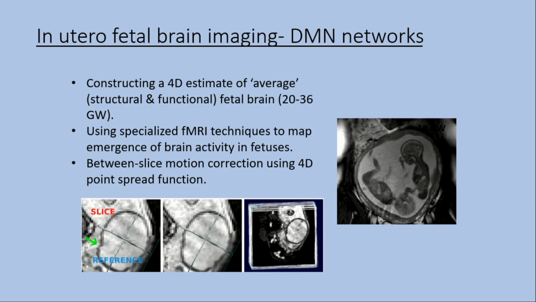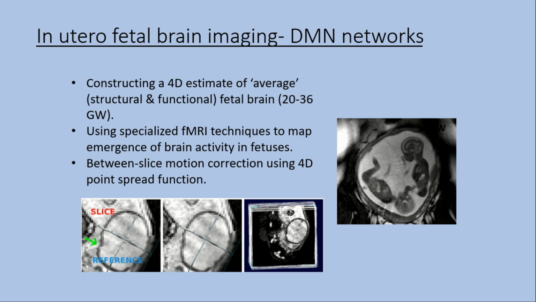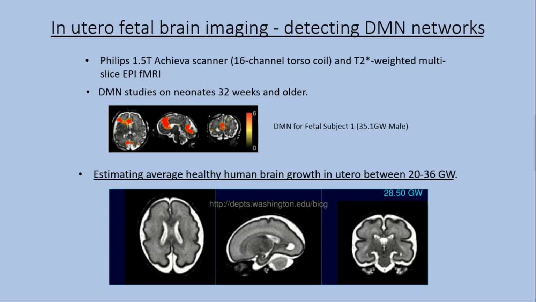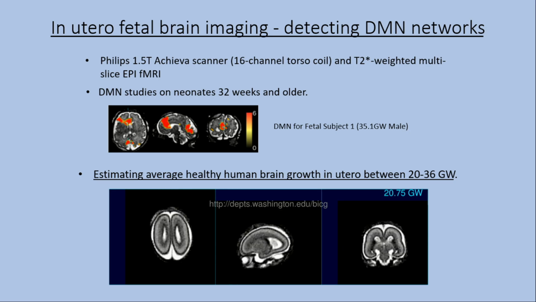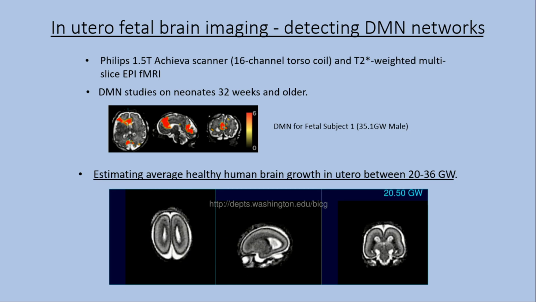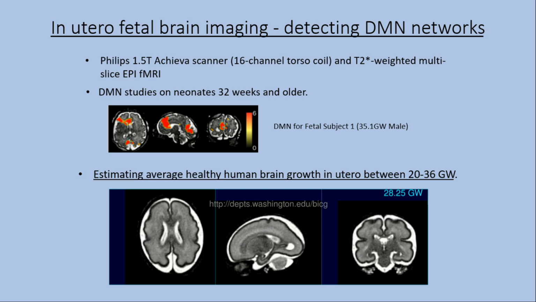So to show you, this is the MRI of a uterus, twins, it turns out, and they'll take the scan of the brain while in motion, and they can create a 4D fMRI image. And eventually they get an average of brain development over the 32 weeks, and they can tell if the brain is developing well or not.